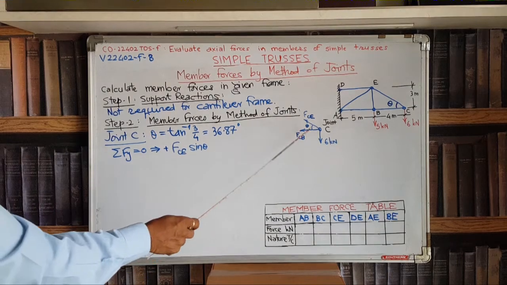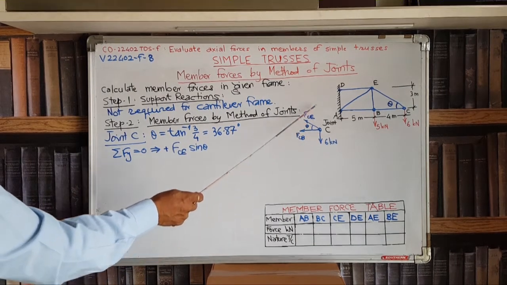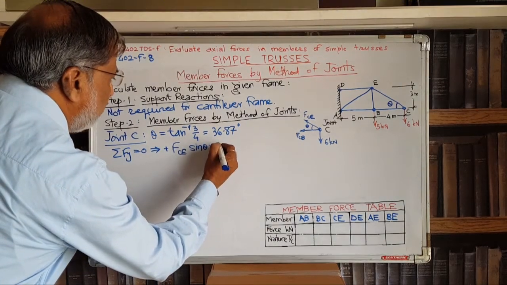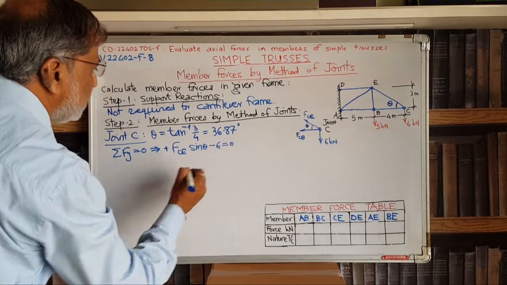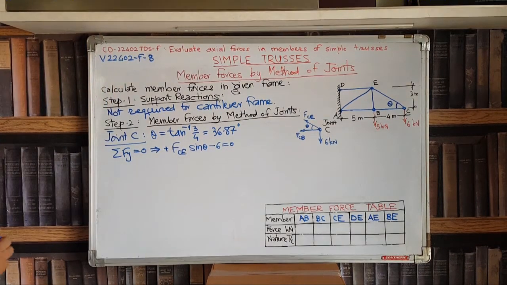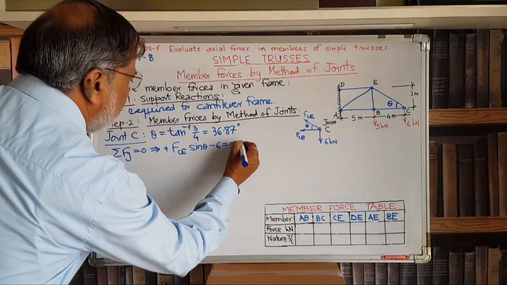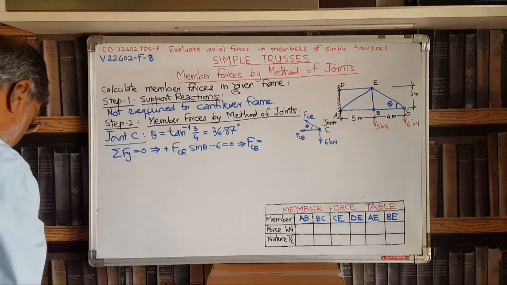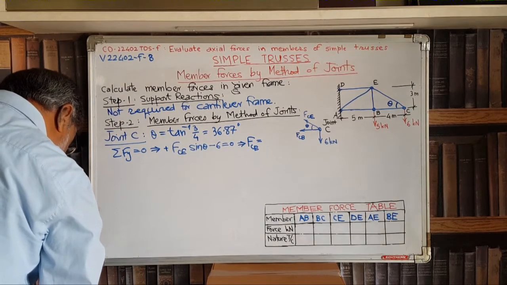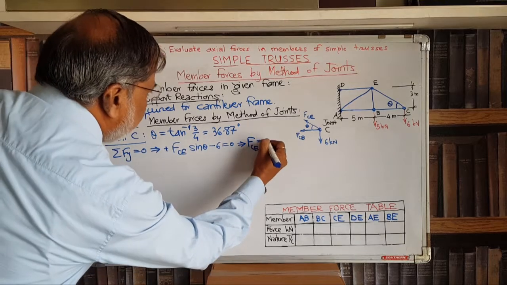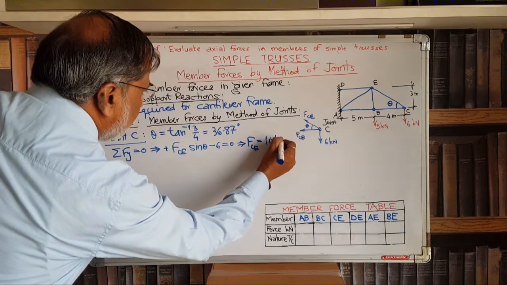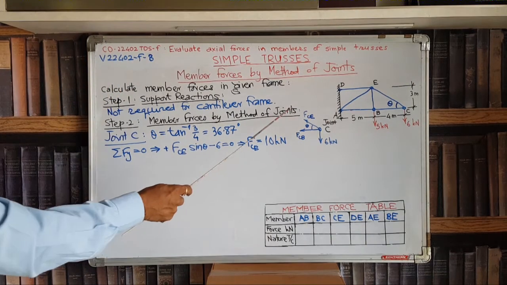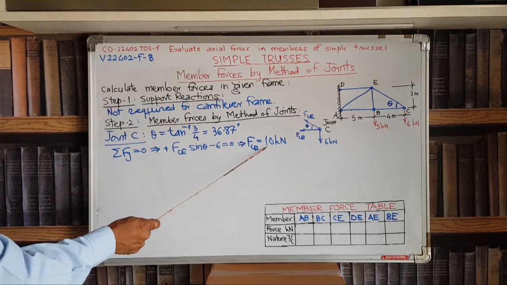Then this FCB has no y component. This 6 kN force is directly downwards, so minus 6 will be equal to 0. So this will be the equation for sigma Fy equal to 0, and this will give us the value of FCE equal to plus 10 kN. So it means the assumed direction is correct since this answer is plus.